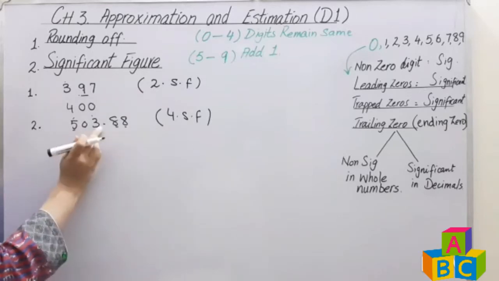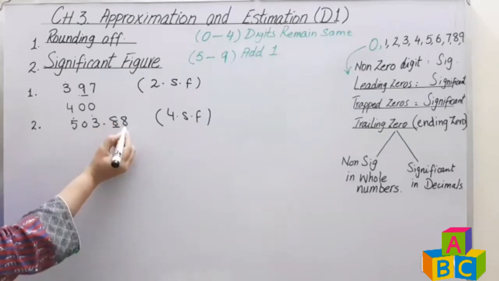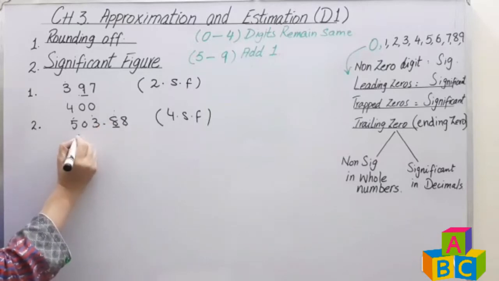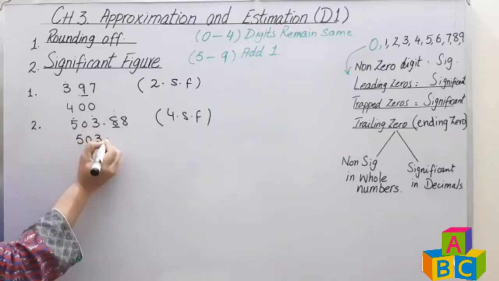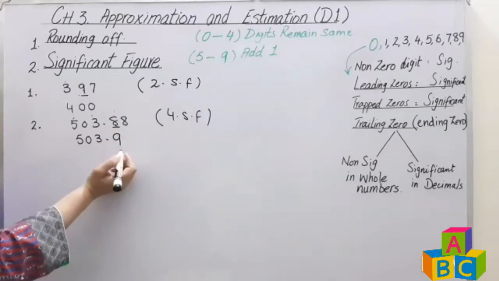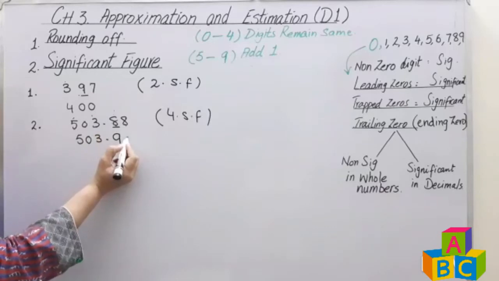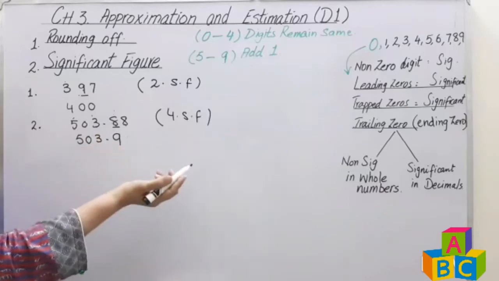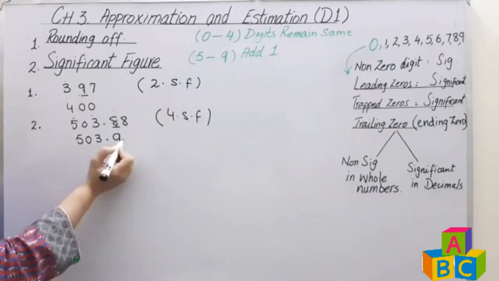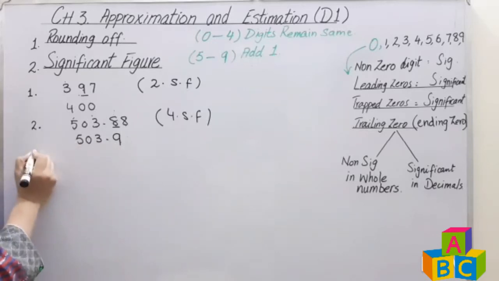It means this is our target number, and we round it. We add 1 here and skip the rest. So 503.9 is our 4 significant figure answer. And after this we never write a 0 here, because after the decimal point 0 is significant. We close our figure here: 503.9. There are 4 significant figures.